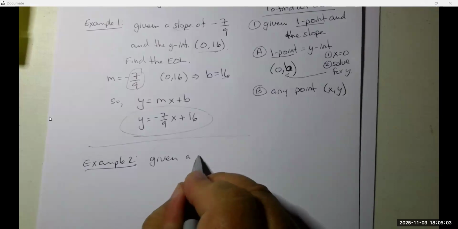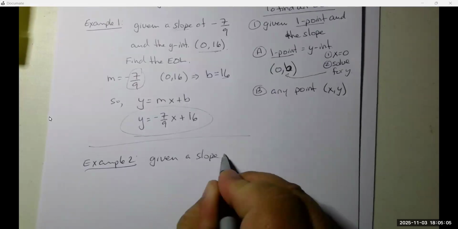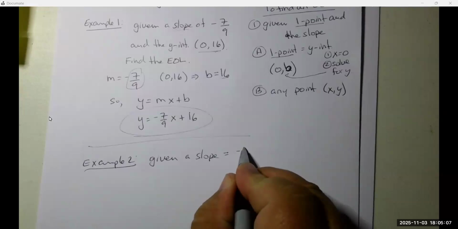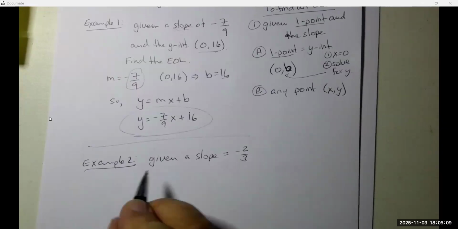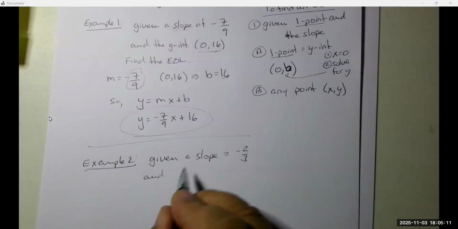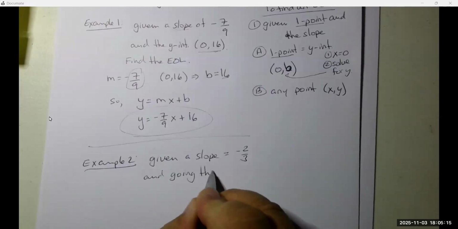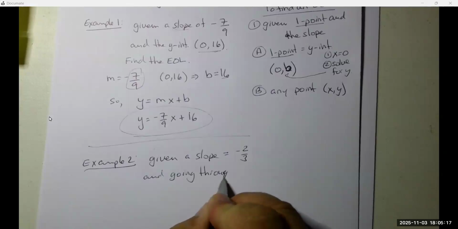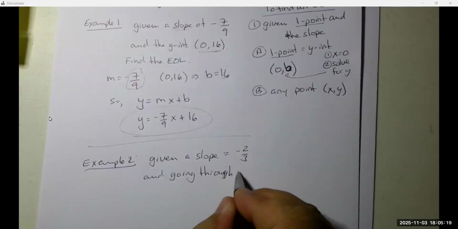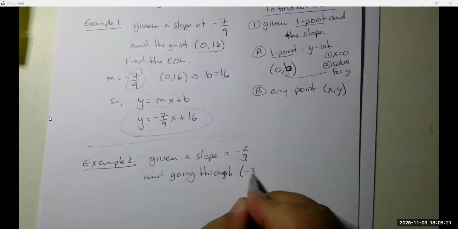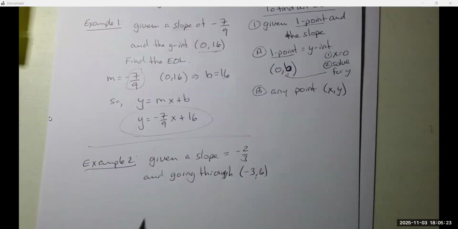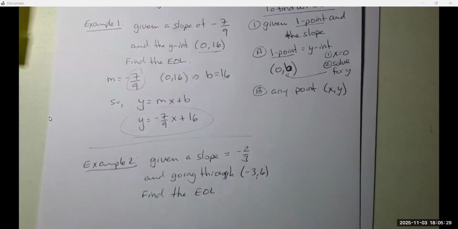Given a slope equals negative 2/3 and going through the point negative 3, 6. Find the equation of the line.